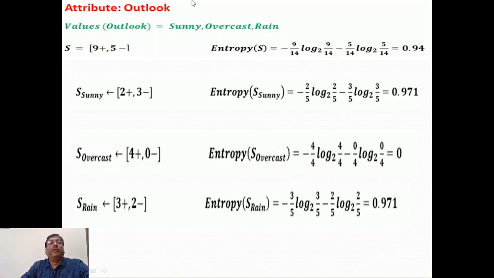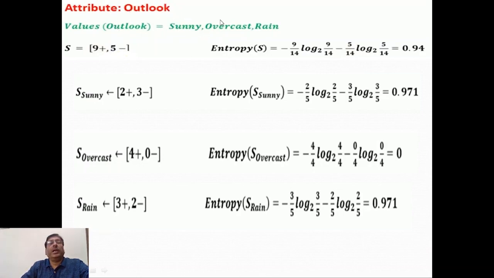So now if I find the entropy for outlook, I will write entropy of S equals minus proportion of positive instances log 2 proportion of positive instances minus proportion of negative instances log 2 proportion of negative instances. When I calculate this, I get the value 0.94. So this is for the entire attribute called outlook.